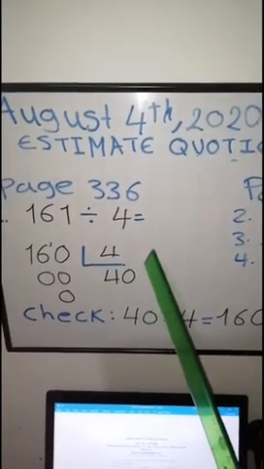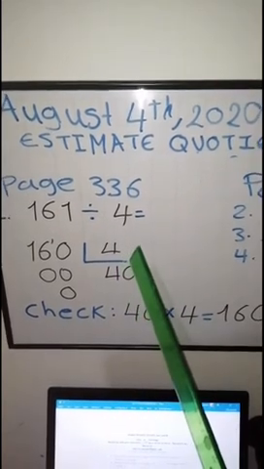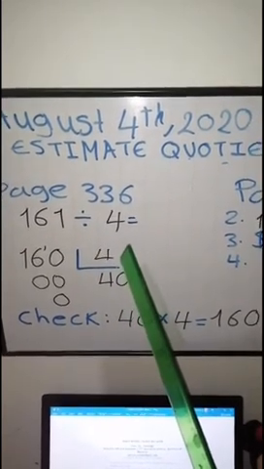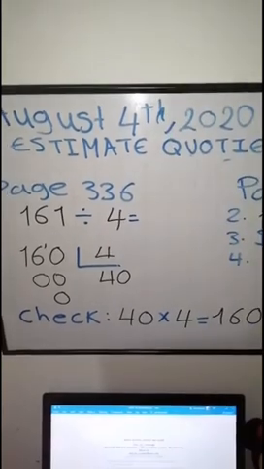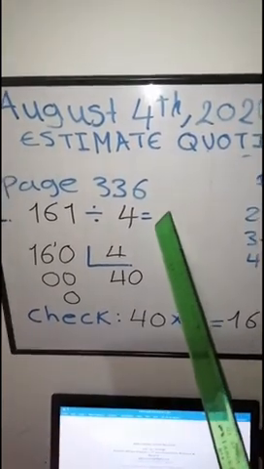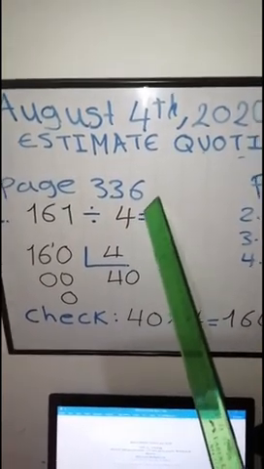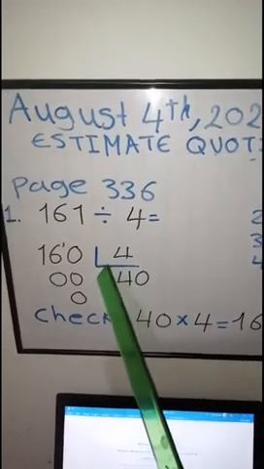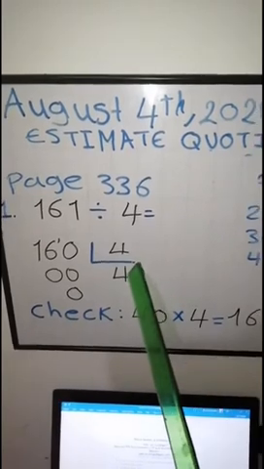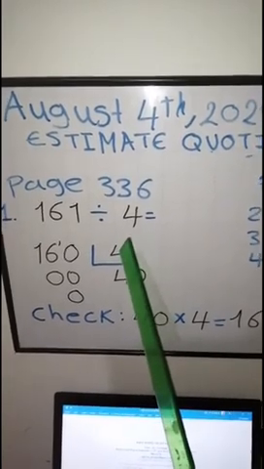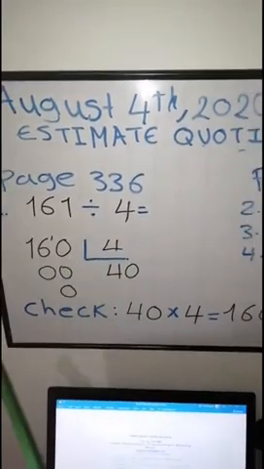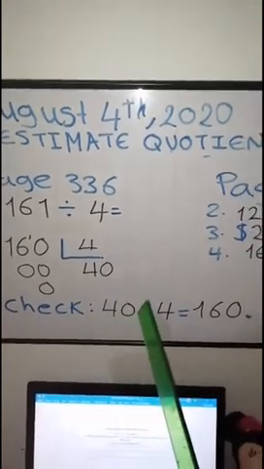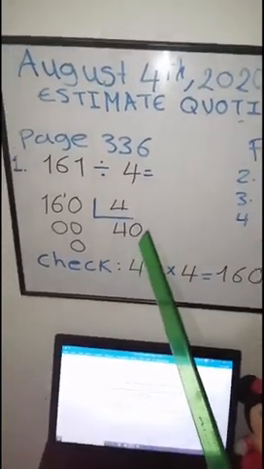How many times does the number 4 go into the number 0? 0. 0 times 4 equals 0. 0 minus 0 is 0.